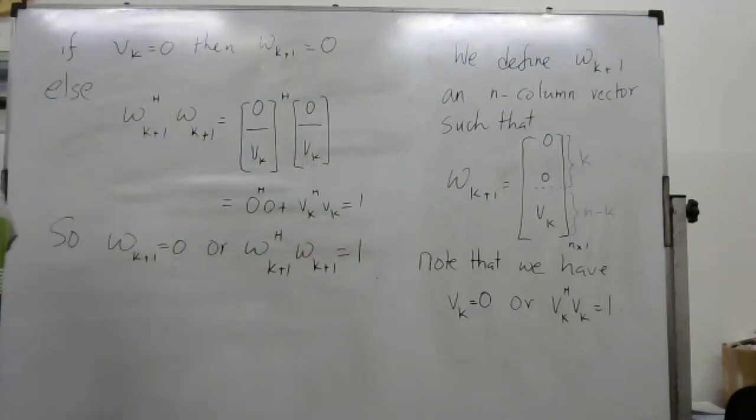That is the necessary requirement we need to have for the Hermitian matrix H omega k.